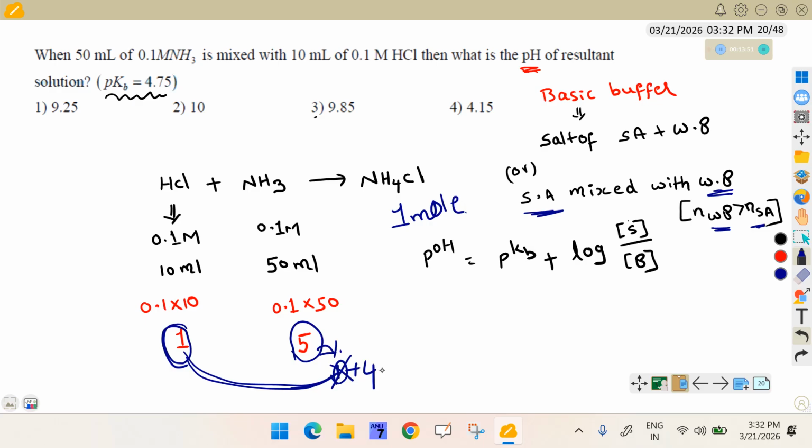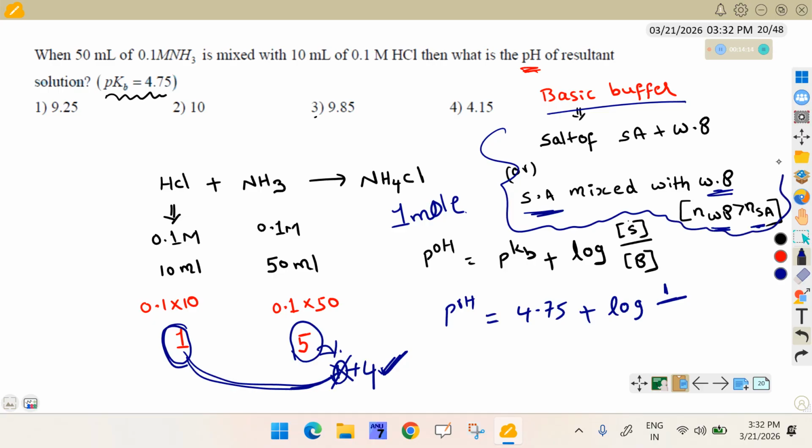How many moles of base remain? 4 moles of base are present. Now pOH is equal to pKb, which is 4.75, plus log of salt concentration 1 by base concentration, because it is a basic buffer. How is it a basic buffer? Here is the hint: 1 mole out of 5 moles has already reacted, remaining 4.